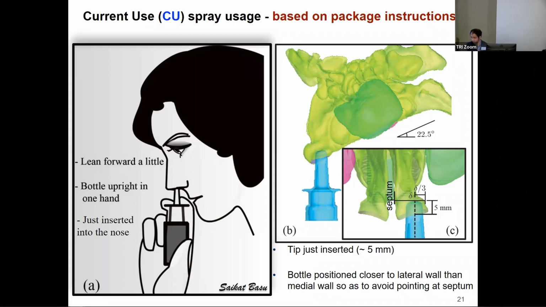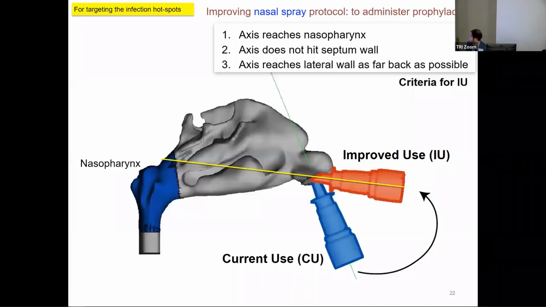Now we want to improve over this, for which we are proposing a new improved use protocol, which is meant to use the inertial motion of the particles as they go out from the nozzle. There are 3 conditions that we are trying to satisfy. Number 1 is that the axis of the spray bottle should cut through the nasopharynx so as to maximize the use of the inertial motion of the particles.